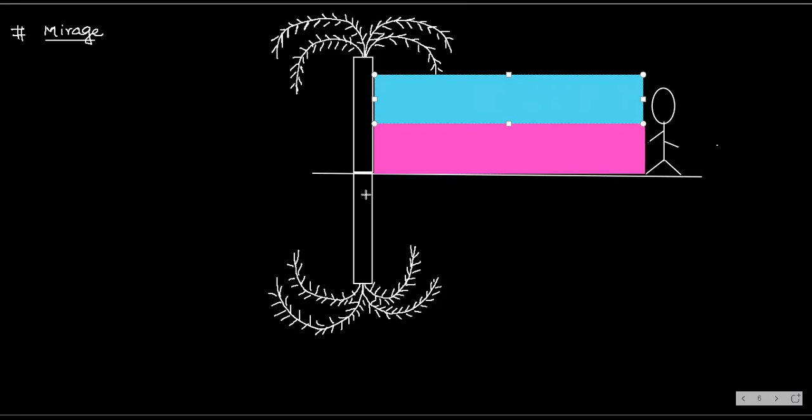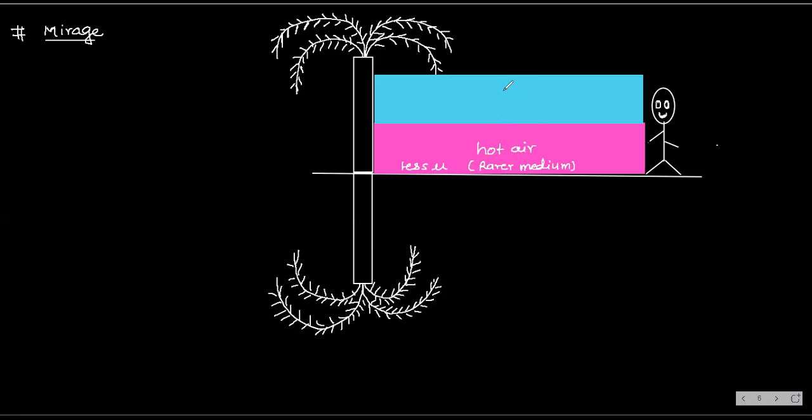So now in summer days particularly, this air is very hot air. As this is hot air, its refractive index is less, and it behaves as a rarer medium.